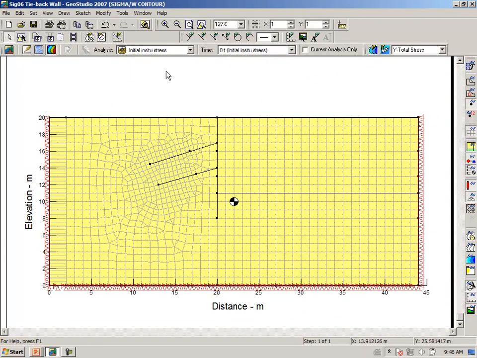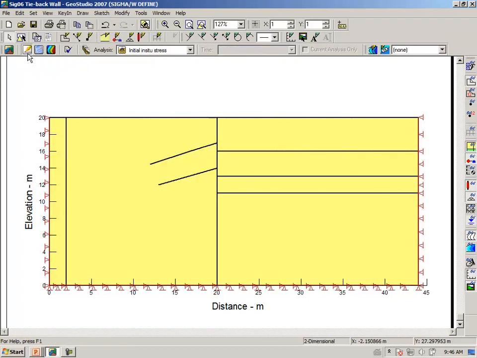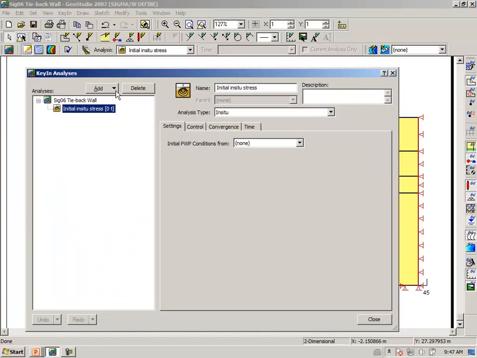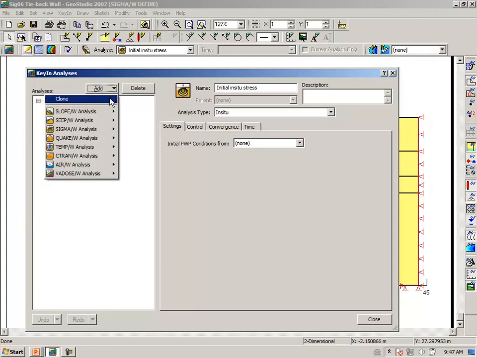So our first task then was to install the sheet pile wall and excavate down 4 meters. Going back to the define view, first of all, creating a new analysis, cloning the in situ analysis.